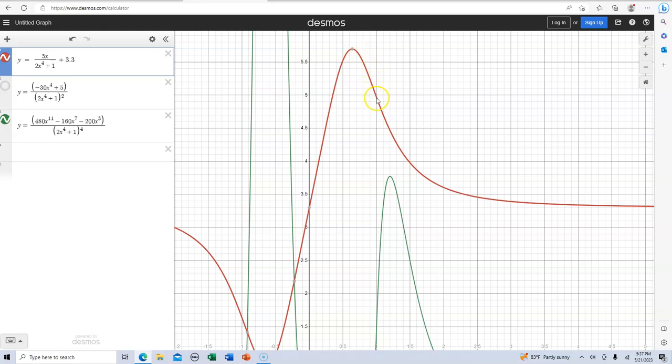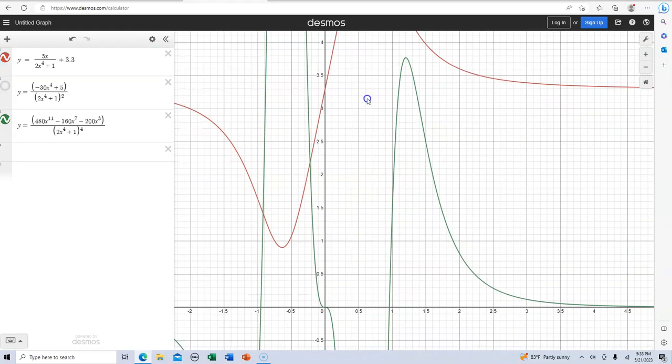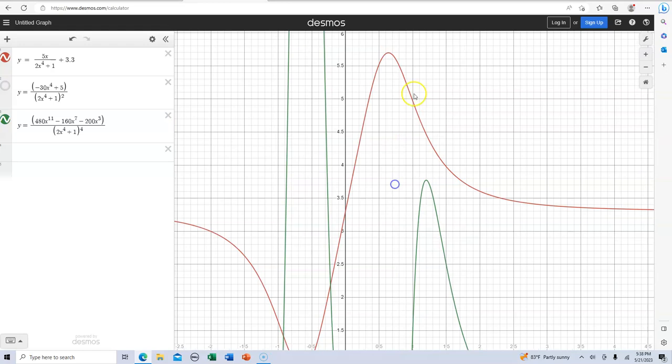And then all of a sudden we get this, a kind of bad point for the manufacturer right here. And this plays out on this portion of the graph from about 0.956 hours up to about 1.2 hours.